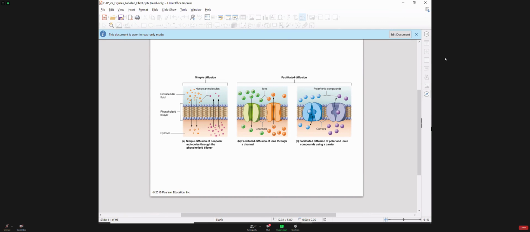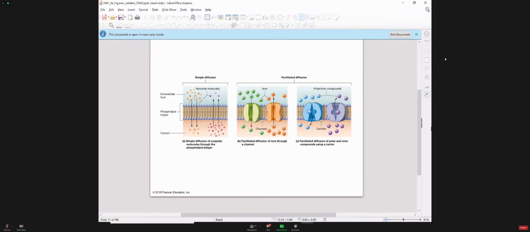Facilitated diffusion is still diffusion, but in order to move through the membrane, these molecules or ions, for example sodium ions, need special openings.